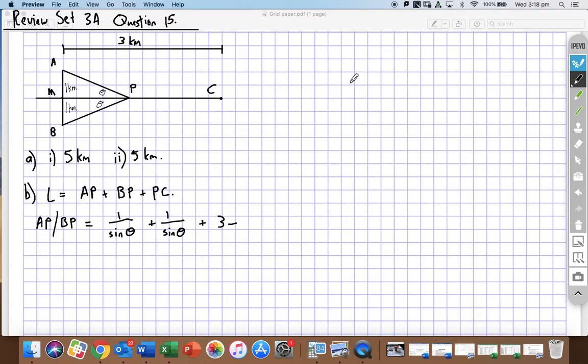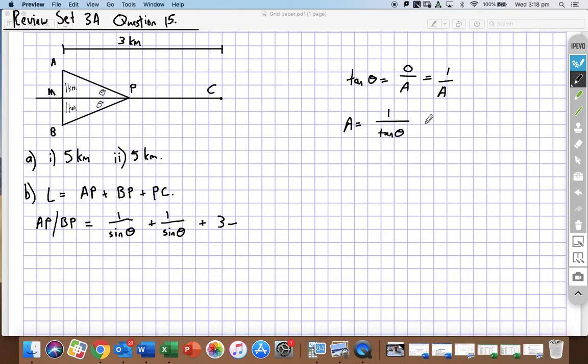I'm just going to write a little note to myself over here. Tan theta is the opposite over the adjacent. Right, so there's your opposite. That equals 1. We need to know the adjacent length. So the adjacent length would be 1 divided by tan theta.